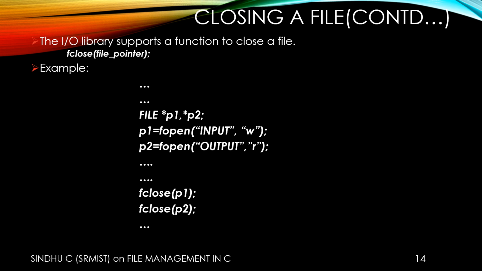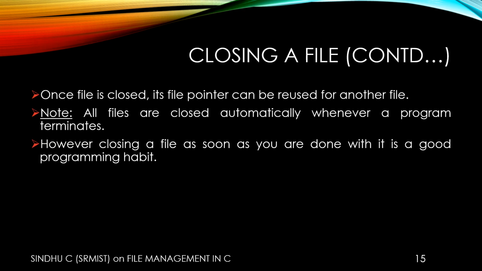Similarly, fclose(p2) closes the file output which is opened in read mode. Once a file is closed, its file pointer can be used for any other file. Now, all files are closed automatically whenever a program terminates. However, closing a file as soon as you are done with it is a good programming habit.